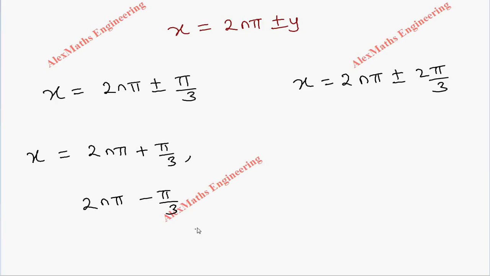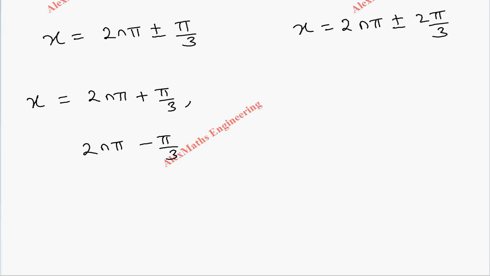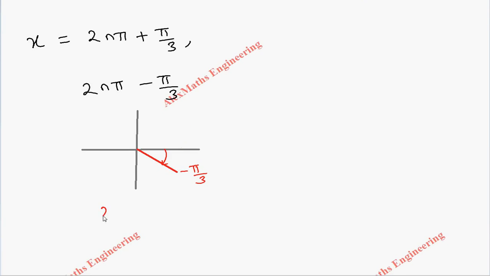But minus pi by 3 can also be written in the following way. So we have x-axis, y-axis, we have 4 quadrants, and minus pi by 3 is the one here from the x-axis in the clockwise direction. But this minus pi by 3 can also be written as 2 pi minus pi by 3, because this entire thing is 2 pi, it is coming down.